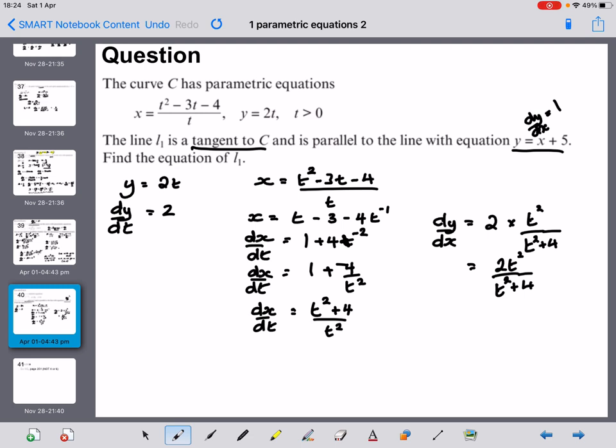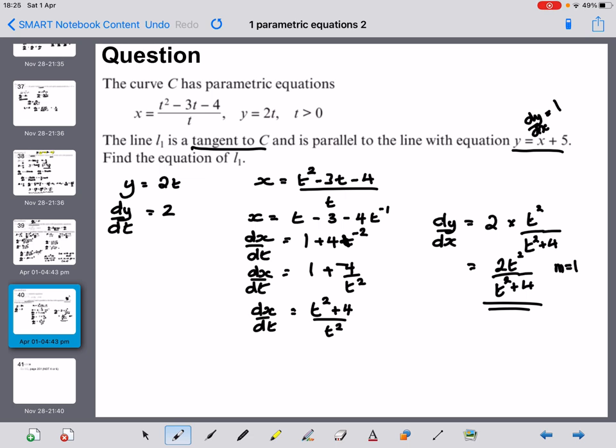Okay, so let's not forget what we're doing. So we've got our gradient function, there it is in terms of t. The line L1 is a tangent to C and is parallel to y equals x plus 1, which means that this must have a gradient of 1.